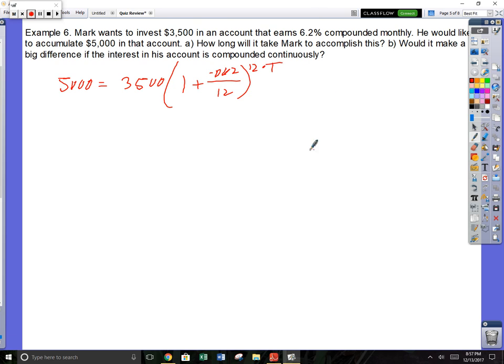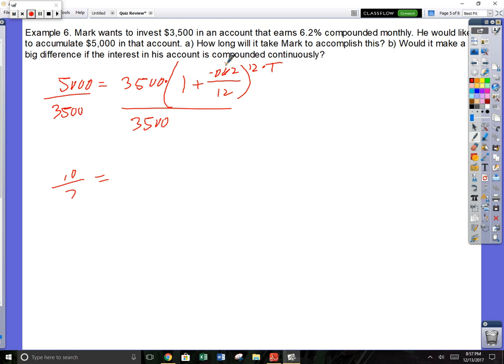So now you gotta ditch the 12, you gotta ditch the parentheses. First you're gonna undo this 3,500. So 3,500 is timesing the parentheses, so undo the times. Divide by 3,500, divide this by 3,500. Okay, you're gonna get 10 sevenths equals.